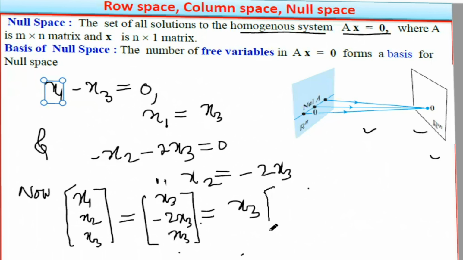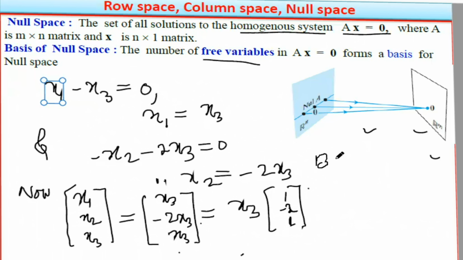Taking x3 common, we get 1, minus 2, 1. So there is only one free variable, and x1 and x2 are dependent. The number of free variables forms the basis.